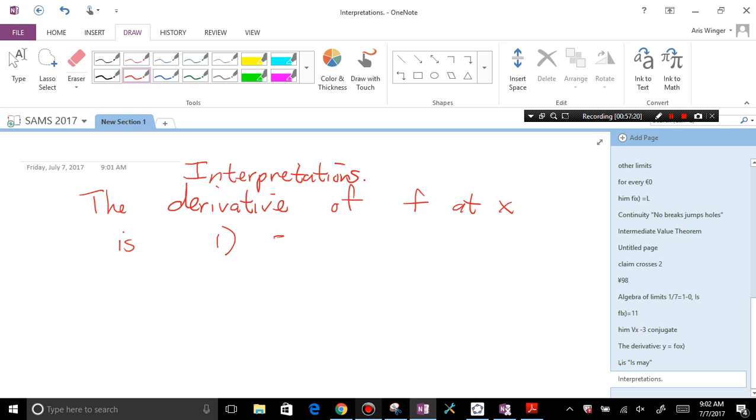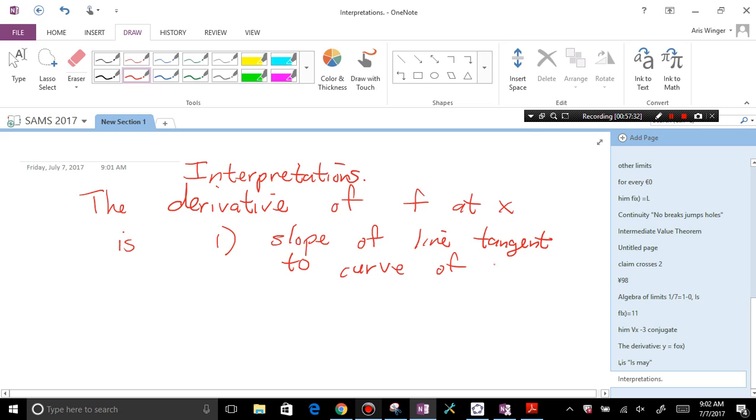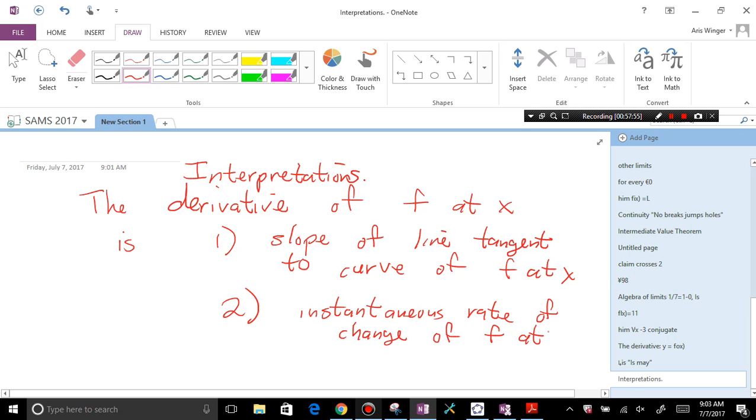It's the slope of the line tangent to the curve of f at x. And 2, it's the rate of change. I need a word in front of that. Right, so it's the instantaneous rate of change of f at x. Perfect.